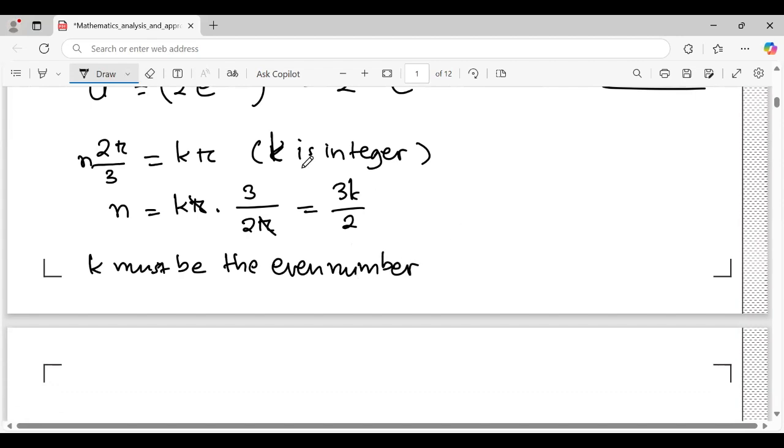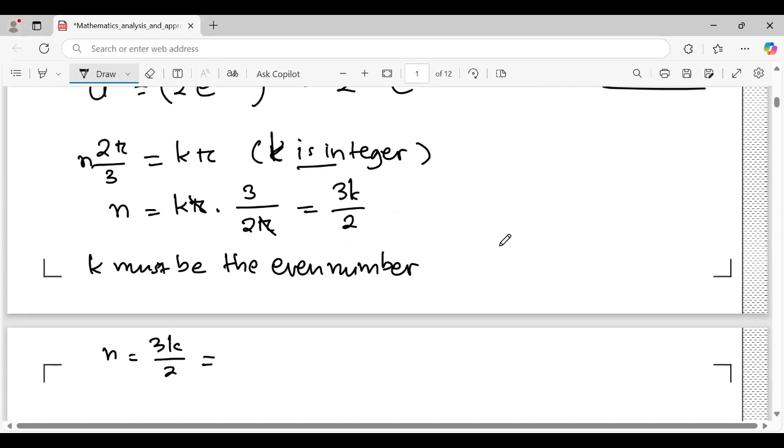Why? Because if k is an integer divided by 2, k must be an even number, it cannot be odd. Because if odd, it becomes a fraction or decimal number. So n equals 3k over 2.